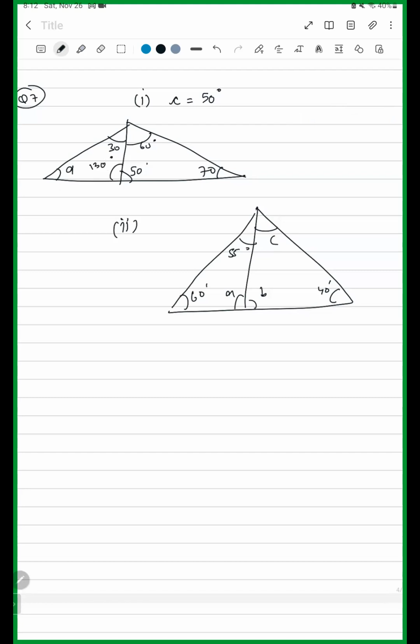Okay. Then we will say A plus 130 plus 30 gives 180. Then A becomes 160. A plus 160 gives 180. Very good. Then we will subtract it. A becomes 20. Okay, good. Now let's come to the second one.